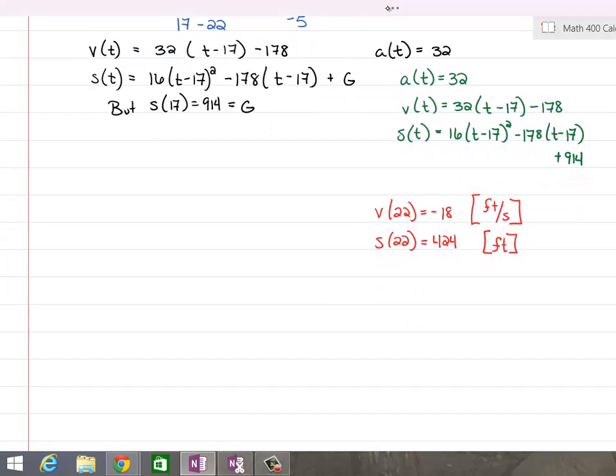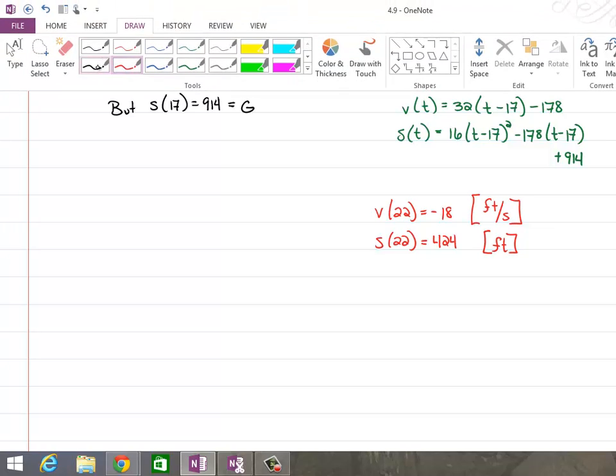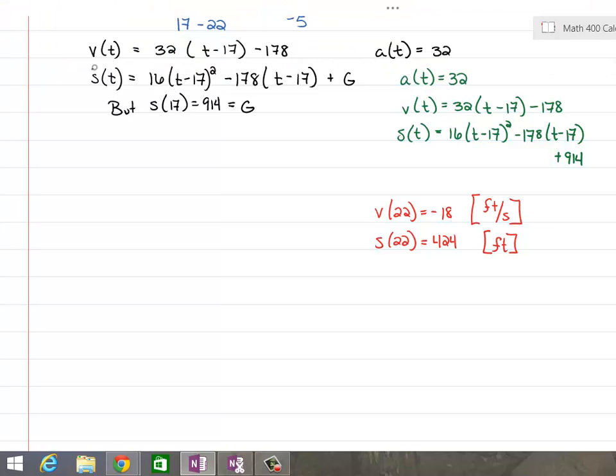All right, and then it says it just floats from that point forward down to the ground. So for t greater than 22, we will have that the velocity is always negative 18. Oops, that's supposed to be a negative.